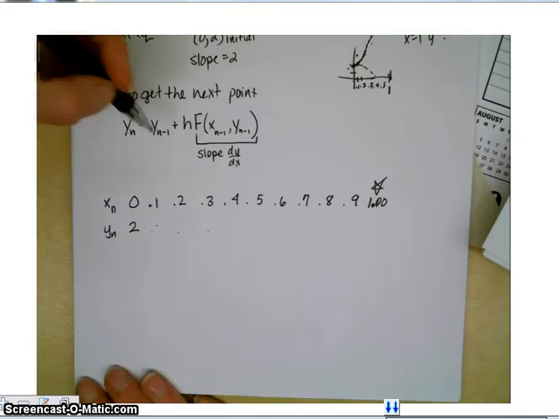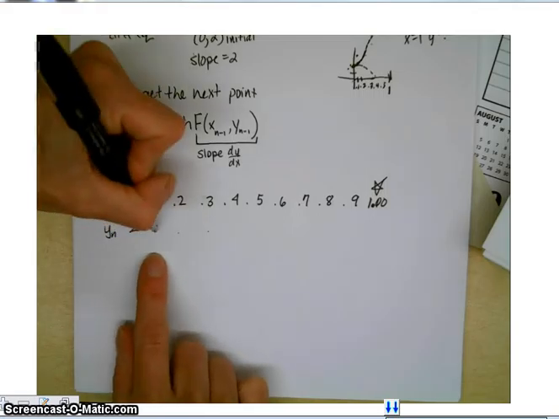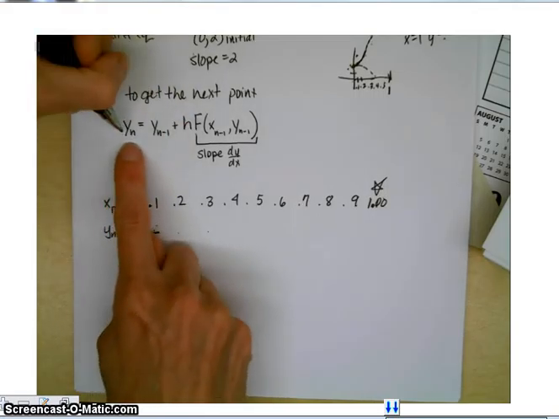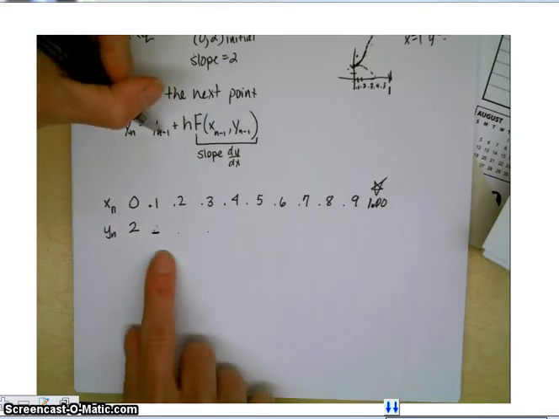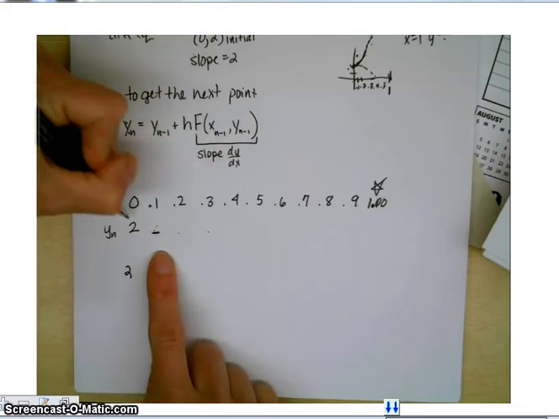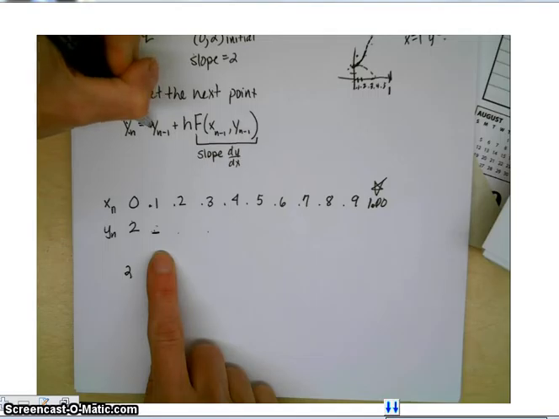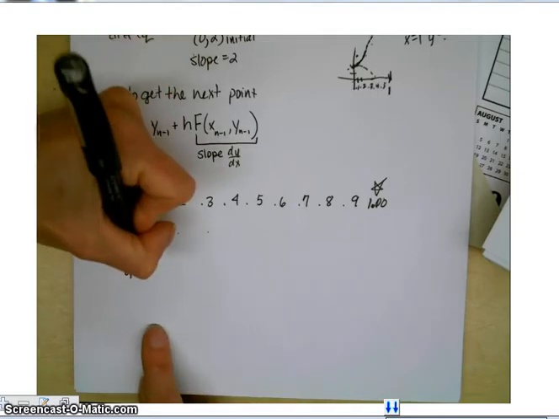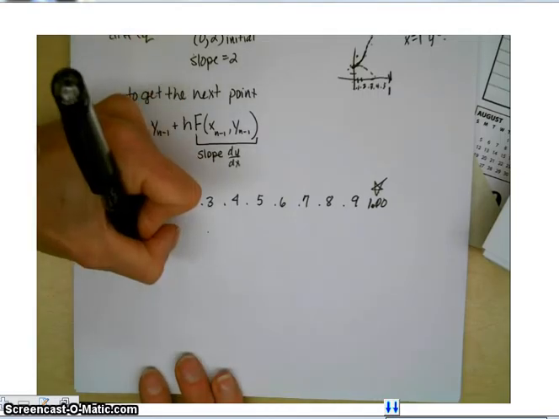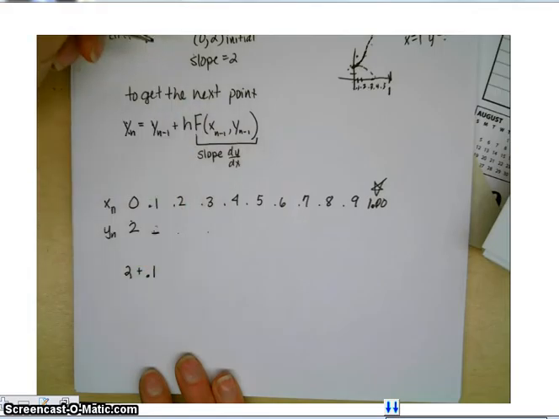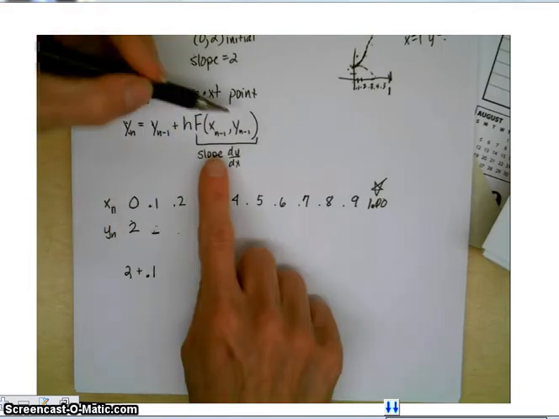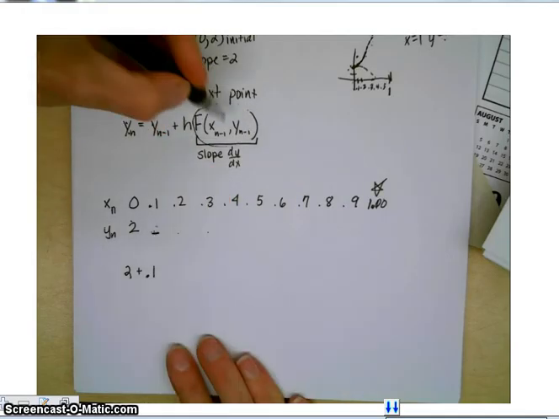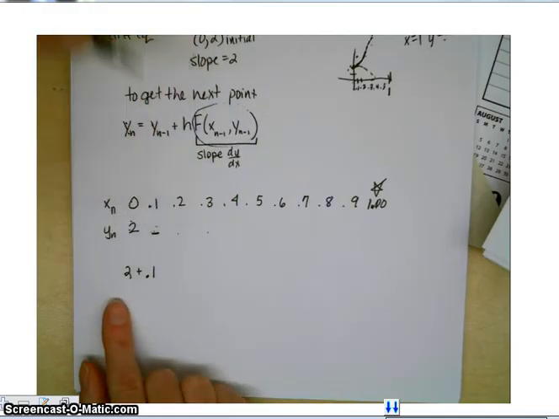So, to find this value right here, I want to find this y value here. I'm going to take my 2, my first y value, the previous y value, plus my step size, which is 0.1, times, this is what I get when I put 0 and 2 into my derivative.